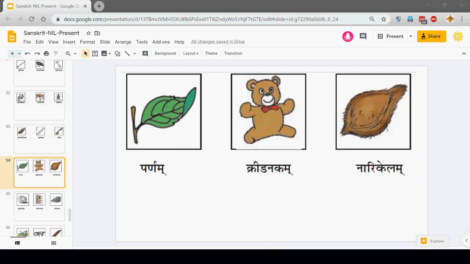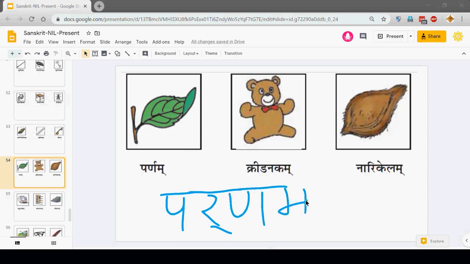So going top to bottom, the hook comes first. So after pa we have ra, the ra consonant. Then the na. What is the pronunciation here? Paranam.